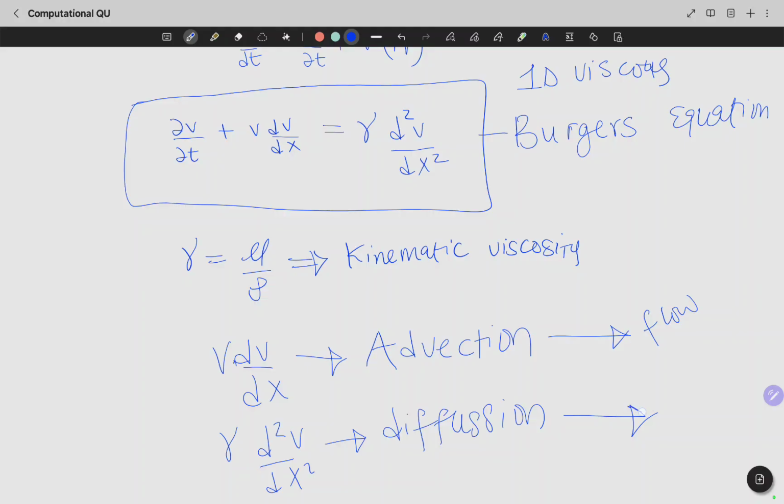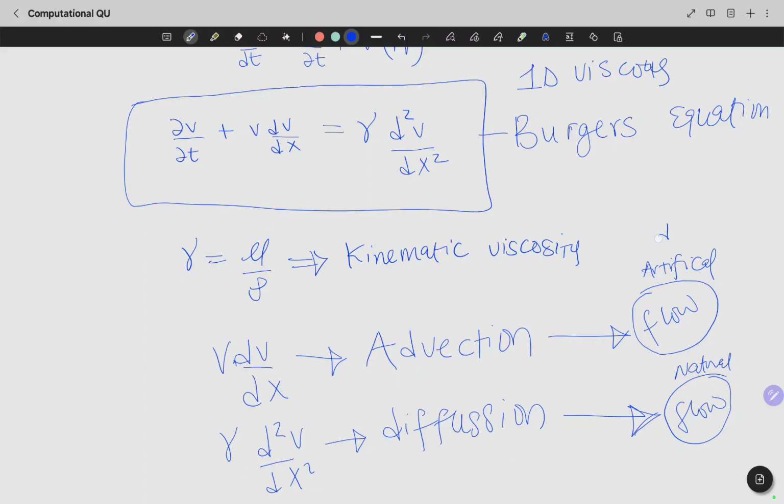And the diffusion, so advection is flow and diffusion is also flow. What is the difference? This is artificial flow, and this is natural flow.